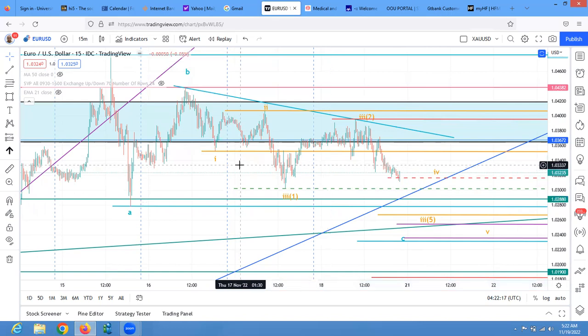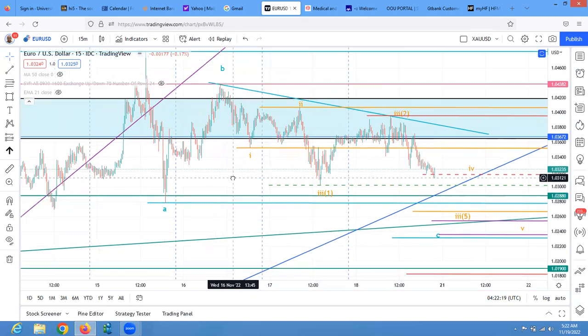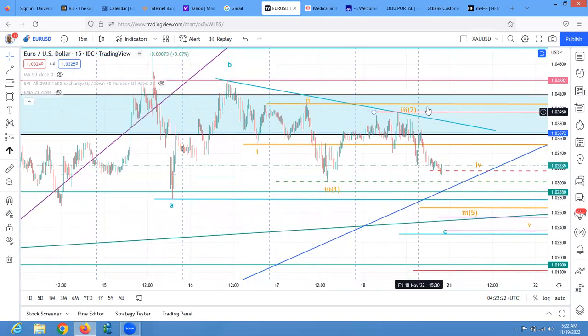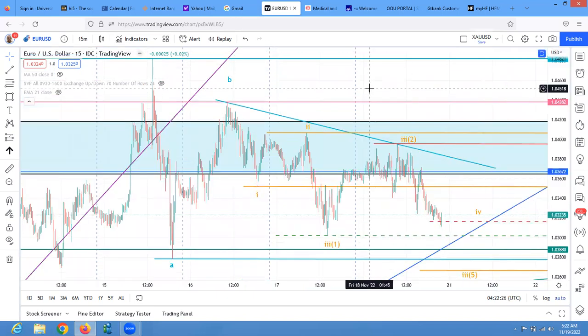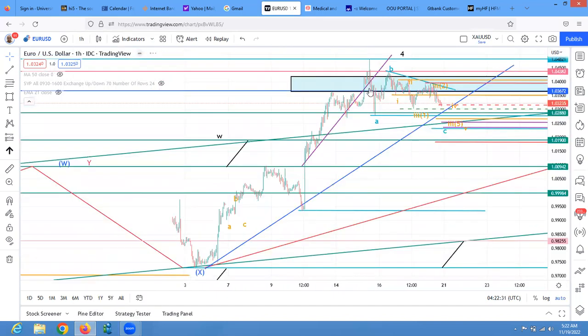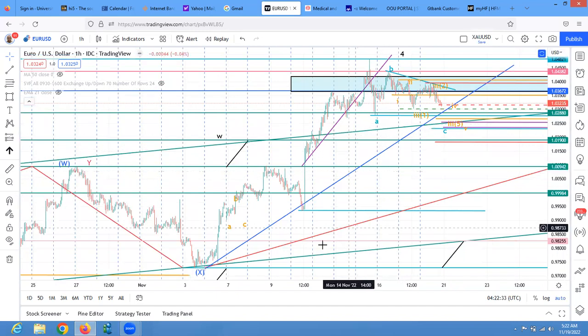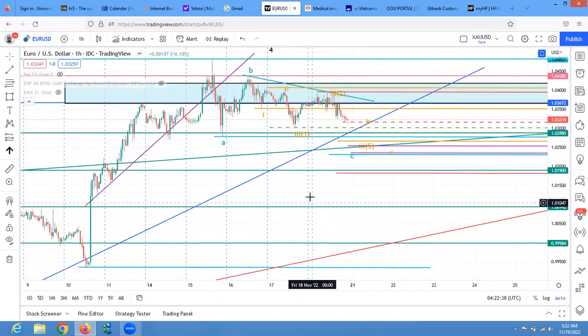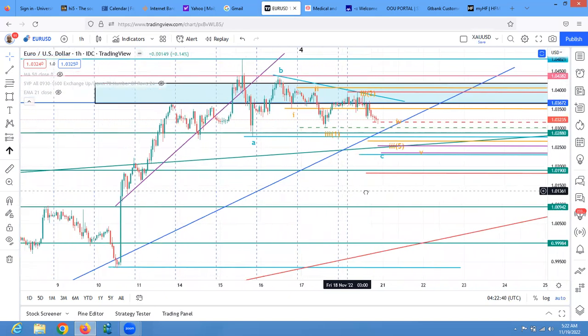There are basic things you must know when it comes to wave. So that is the way we are trying to align ourselves on this and what we can see from the 15 minutes time frame. And we want to see how it's going to play out for us.